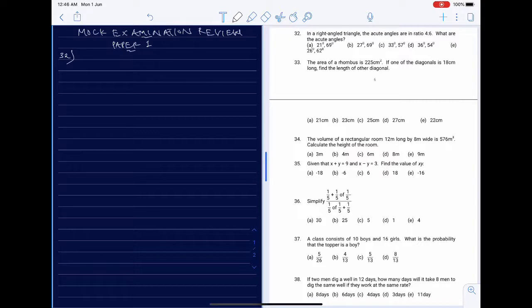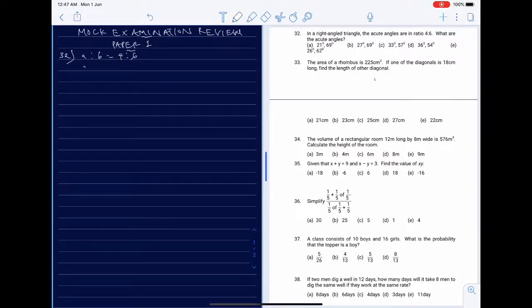In a right-angled triangle, the acute angles are in ratio 4 to 6. What are the acute angles? Okay, let the acute angles be A and B. That means ratio A to B is the same as ratio 4 to 6.